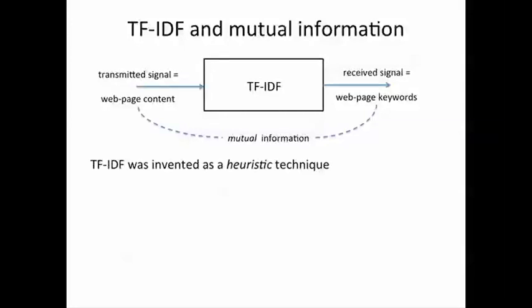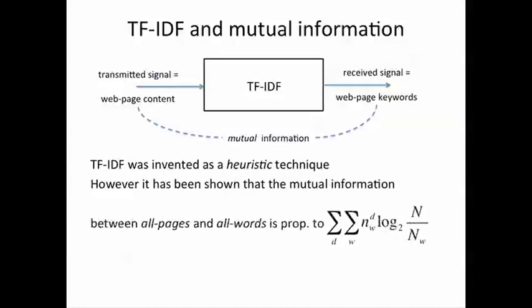TF IDF was actually invented, as we just argued, as an intuitive or heuristic technique, but it's been shown recently that the mutual information between all pages in a collection and all the words in the collection is actually proportional to this sum, which is essentially the individual TF IDFs of each word summed up over all the documents.